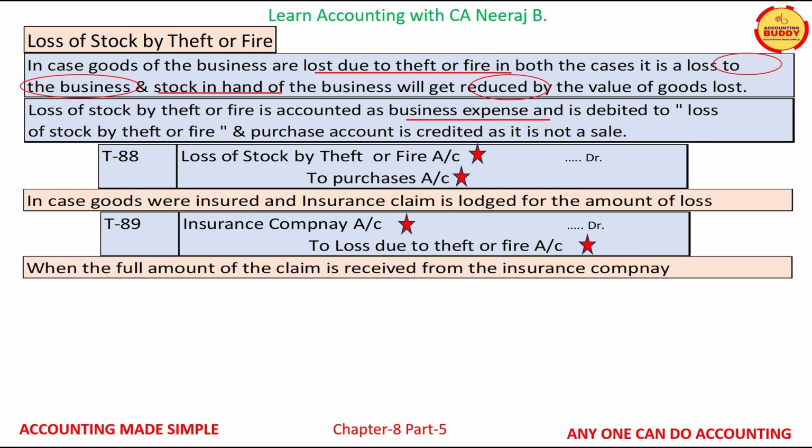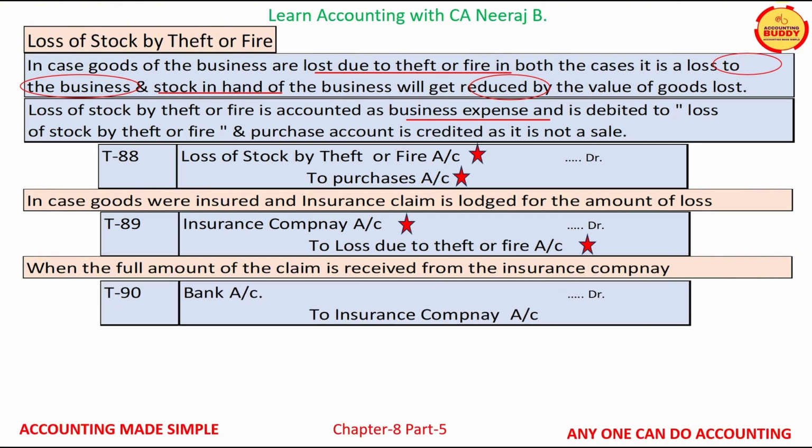When the full amount of insurance claim is received from the insurance company, below entry is passed. Debit bank account as the claim amount received and credit the insurance company under the rule credit the giver.